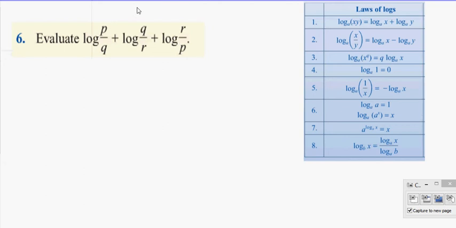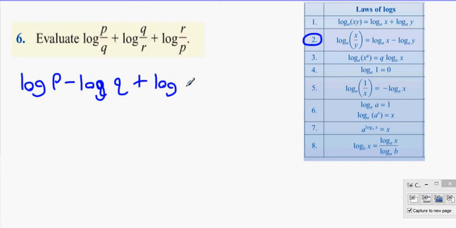Evaluate log P over Q plus log Q over R. There's actually 2 ways we could do it. The first way is to go backwards. Log P over Q is log P minus log Q. Which rule am I doing there? Second rule. And what about this one here?